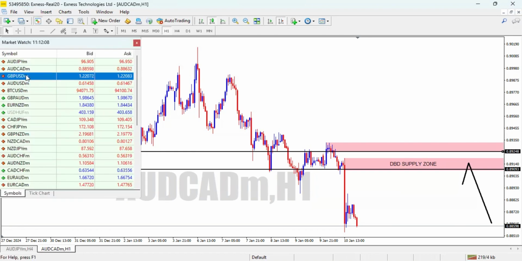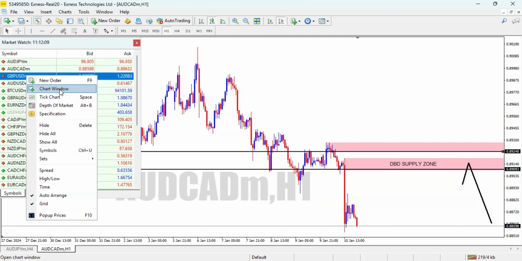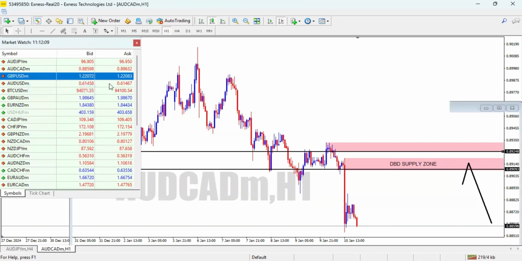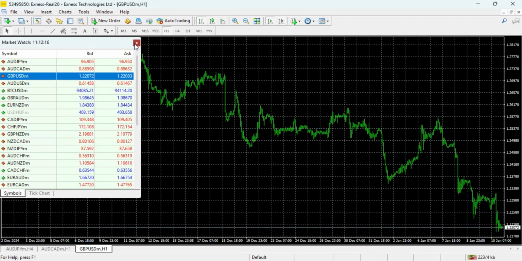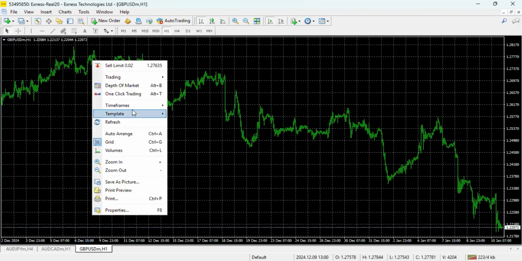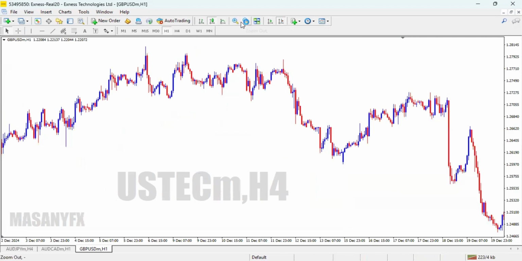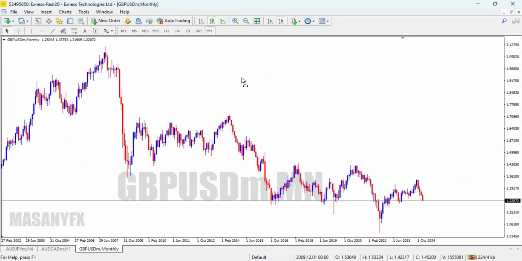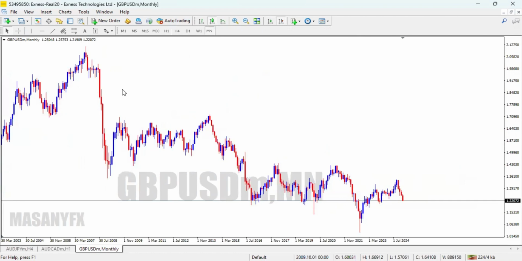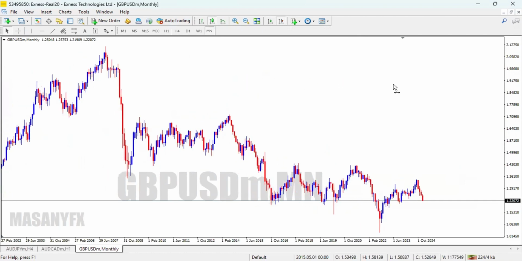Let's move to another pair, which is GBP USD. I don't know if we still have time, but we'll see. Now we are analyzing GBP USD. We will start again in a bigger time frame, which is the monthly time frame. What is GBP USD in the monthly time frame?